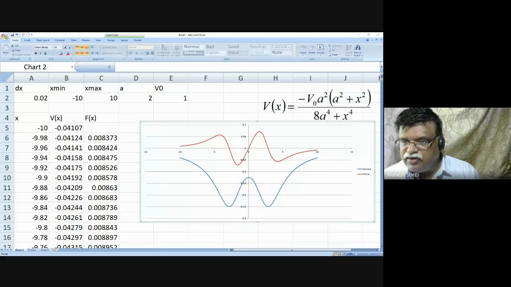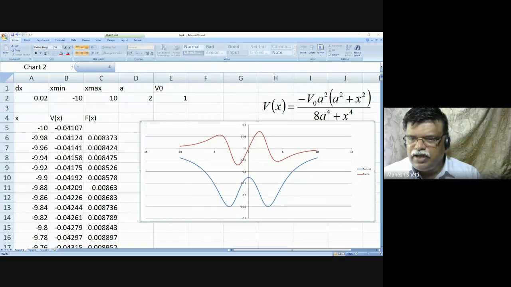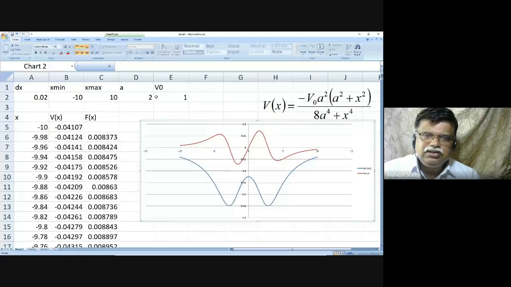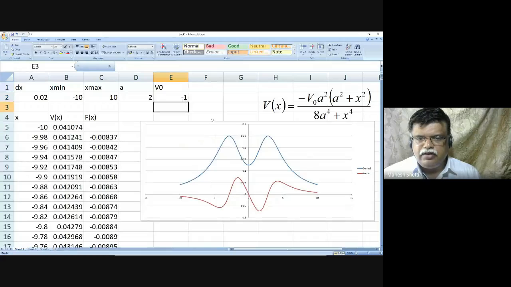What if V0 is a negative potential? So yeah, we can try that out. If I have a negative potential, V0 is -1, you get the mirror image, and here you have equilibrium at the center and then a potential hill.